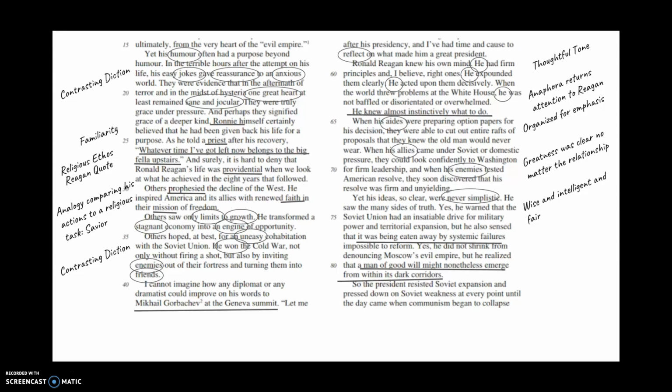And so even though he was facing the Soviet Union that was very different from the United States, he didn't believe that they were purely evil, even though there's a quote earlier on where he calls it the evil empire. But it's the idea that he saw that potentially good things could come from the Soviet Union, and therefore he had a complex understanding of foreign policy, and therefore hoped that goodness could emerge from the negative relationship that they currently had.